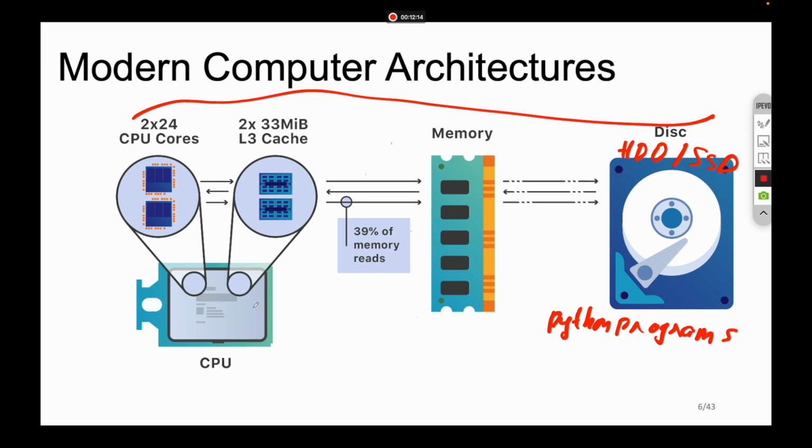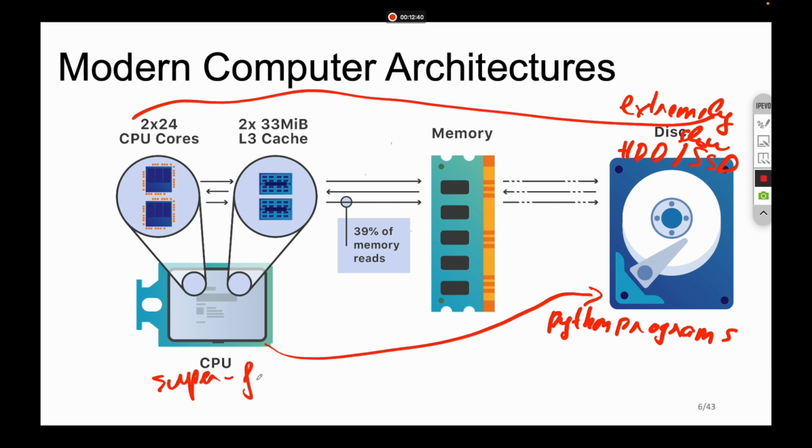But the CPU cannot directly process your data from the HDD. Why? Because an HDD or SSD is very slow, extremely slow, and your computer is super fast.